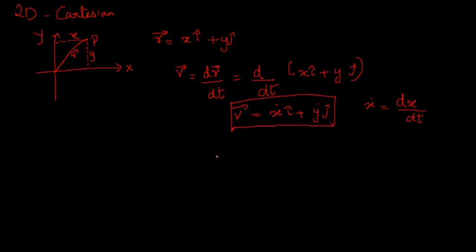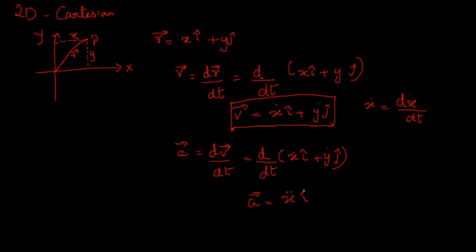And the next one is acceleration. Acceleration is nothing but the rate of change of velocity, so it is dv vector by dt. It can be written as d by dt of x dot i cap plus y dot j cap. So our acceleration will be equal to x double dot i cap plus y double dot j cap, right?